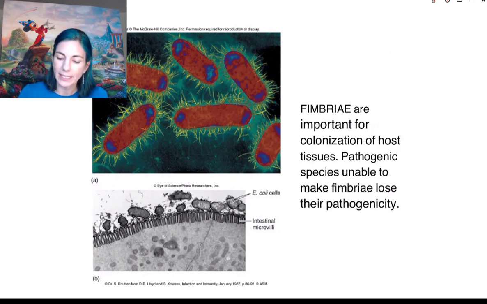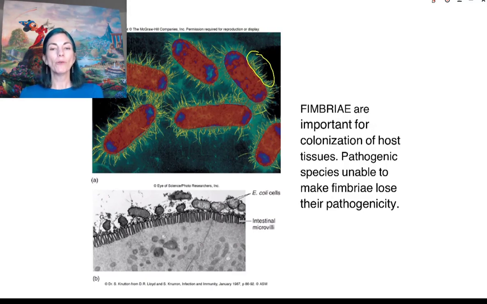And once again, this is optional. Not all bacteria are going to make fimbria. But those that do make fimbria, it actually helps them establish a presence in your body. So fimbria are important pathogenically because they contribute to disease.